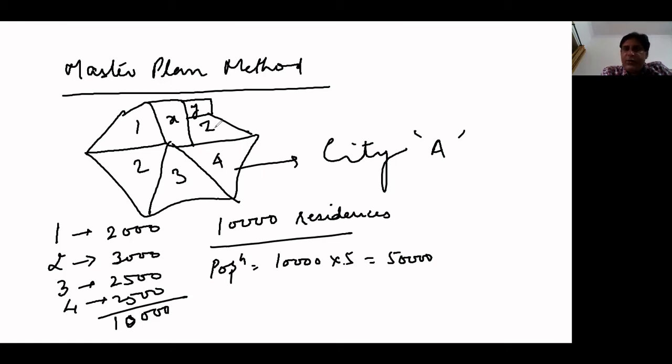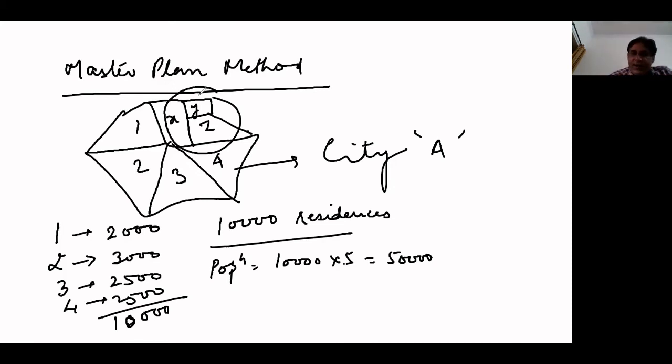The number of households is calculated, and as per the thumb rule, you multiply by the average number of inhabitants and you get the expected population after this area is developed. So this is a very simple approach of forecasting the population by the master plan method or zoning method.